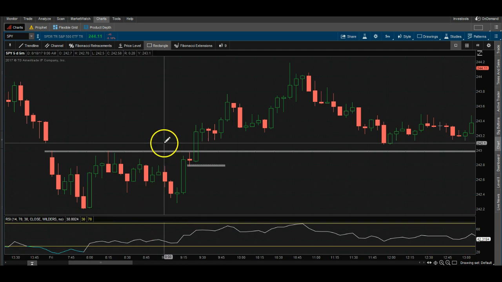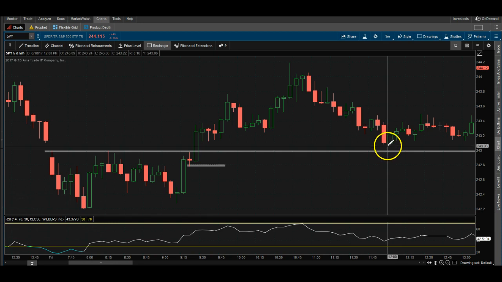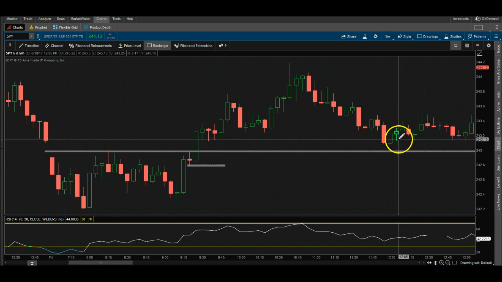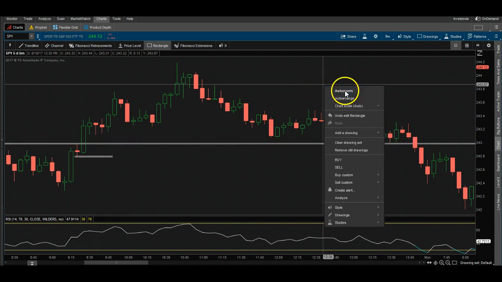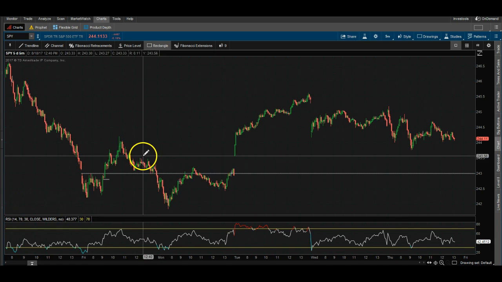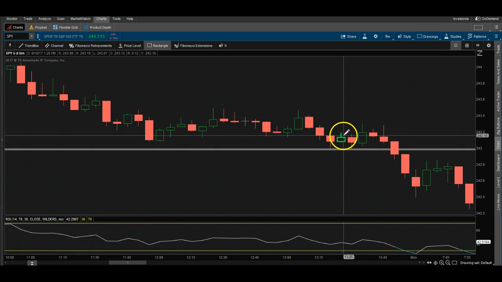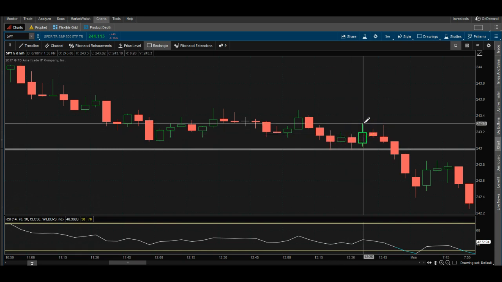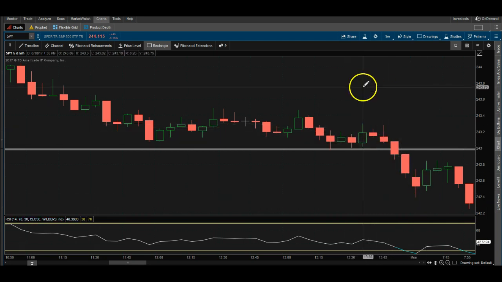So here what happens is you break out, you finally have the pullback, and now you pull back near these levels again, which gives you another entry, and then it starts to rally. But here it comes directly down to it, touches, and look at that. It bounced directly off that 98 level, and it rallied all the way up to 243.30. And then it reversed and fell apart.